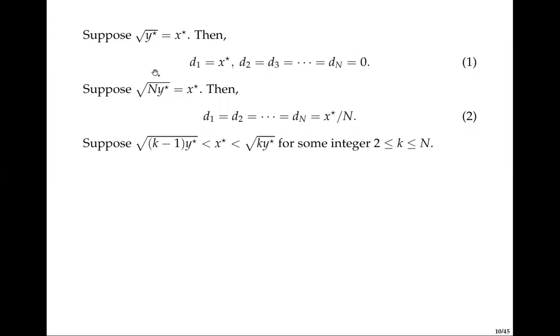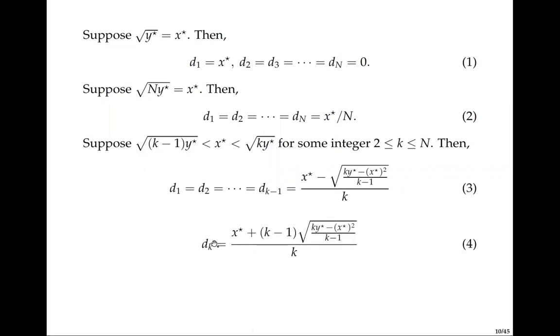The third case is a little bit more complicated, and that is where X star is in between these two quantities. But when we say in between, the question is where in between, and therefore there are various different cases for different values of integer k between 2 and n. X star is between the square root of (k minus 1) Y star and the square root of k Y star. If that is the case, we can recover the first k minus 1 doses using this formula, the kth dose using this formula, and the doses k plus 1 and beyond are 0.